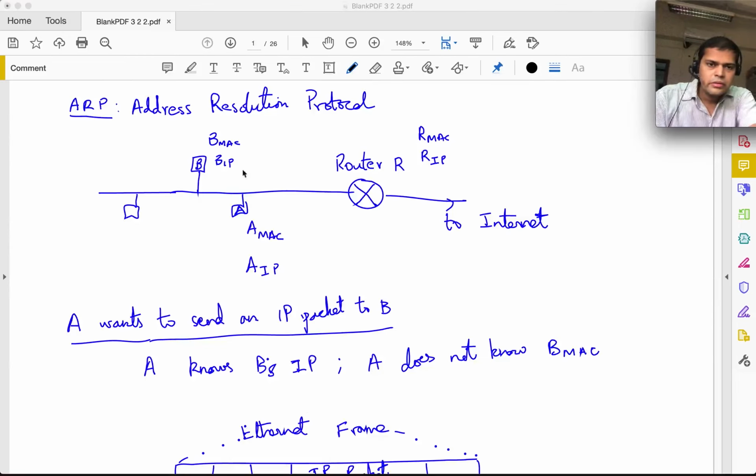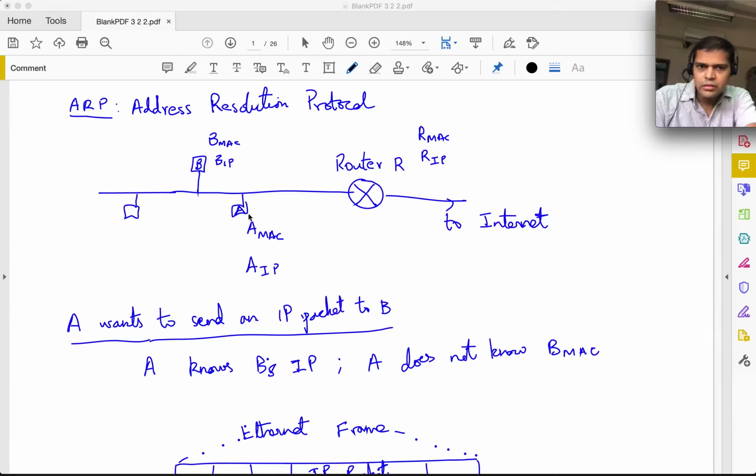So let's go back to this picture for a moment. And we said that if A has a packet for B, it uses ARP to find the MAC address. So what if B was not part of this network? What if we were sending an IP packet to some C which was not there in this particular LAN?